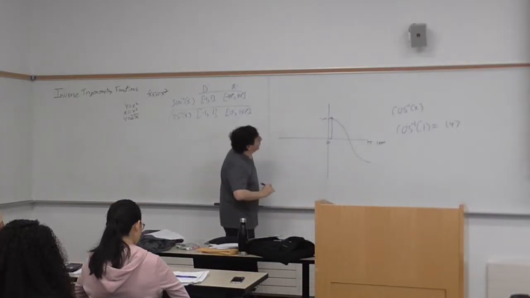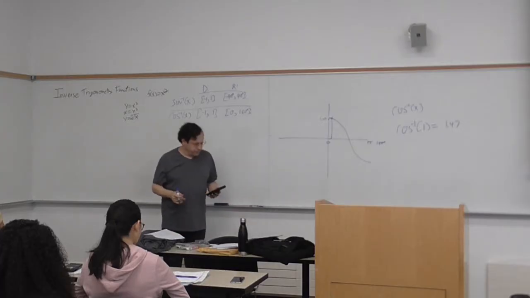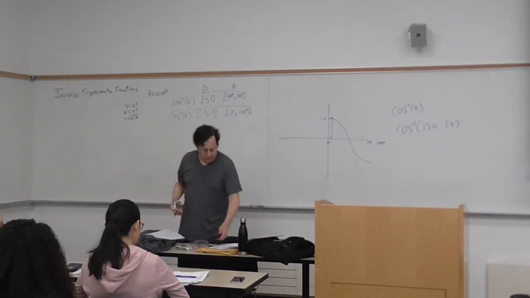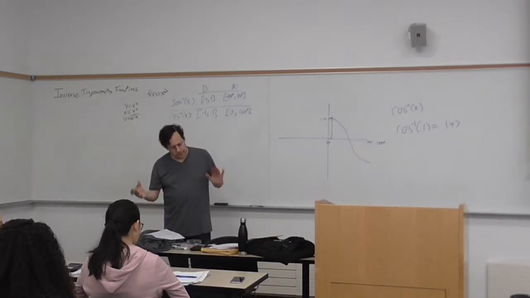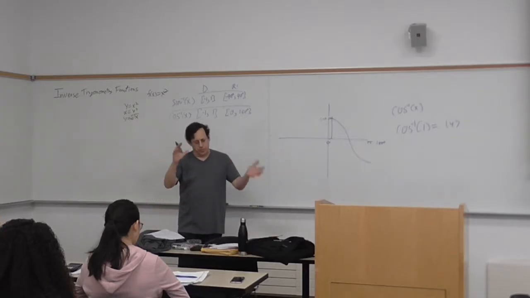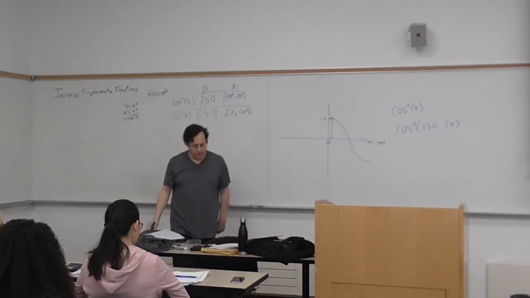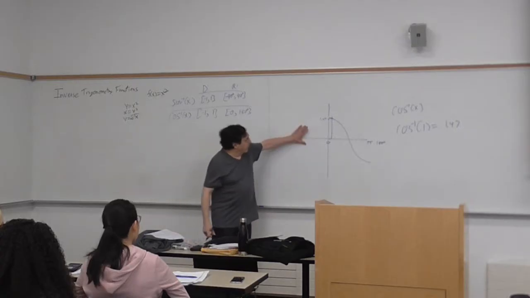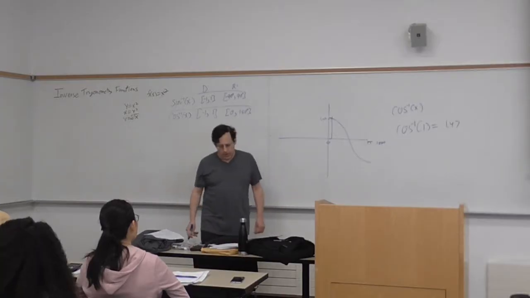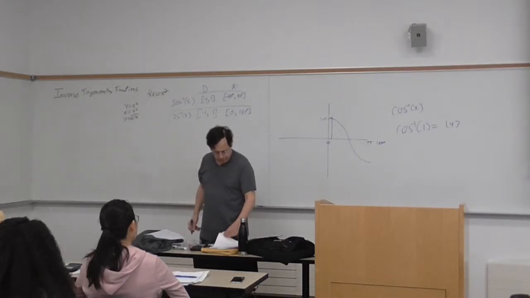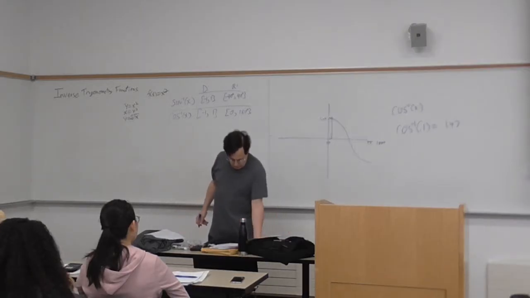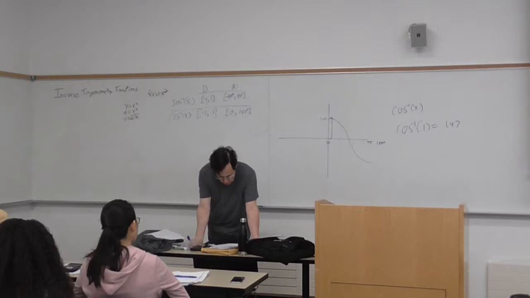Yes, I get 1.47. That makes sense. I even get mixed up about this too, when you're switching back and forth between these functions that are inverses, how do you look at the graph here, right? Okay. So that's the sine and the cosine.